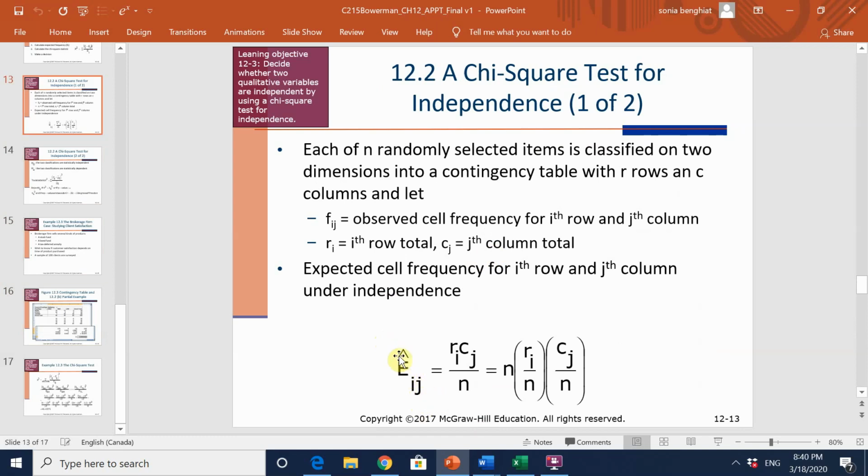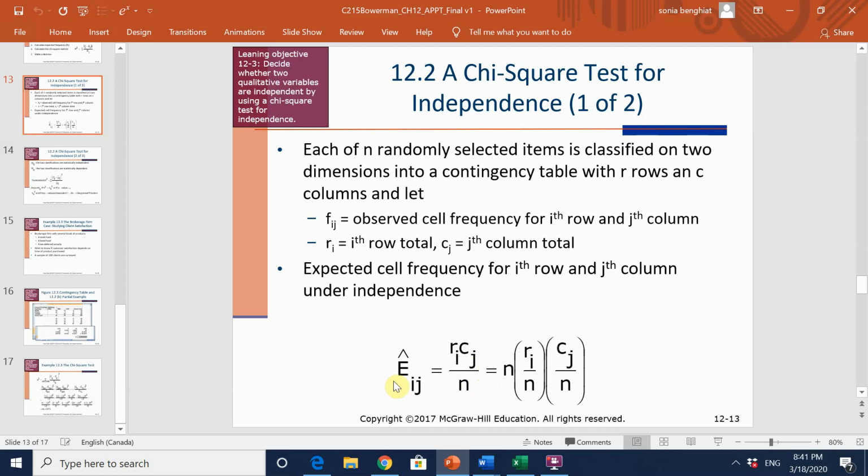In other words, E hat 1, 2 would have a value equal to my total for row i, that would be my total for a bond type of fund, times the column total for medium level of satisfaction, divided by n, my sample size.